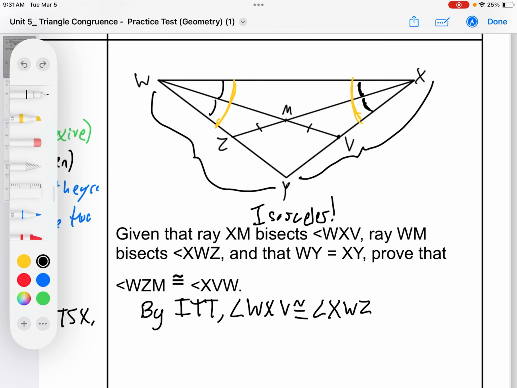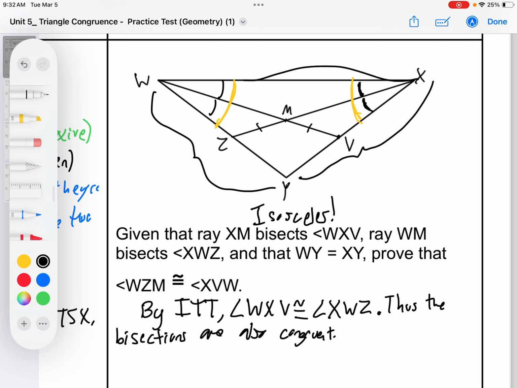Since those two are congruent, we can say thus, the bisected angles, or the bisections, are also congruent. Now, you could go into so much detail here. You could be like, well, that means that angle XWM is congruent to angle MWZ, is congruent to angle MXV, is congruent to WXM.